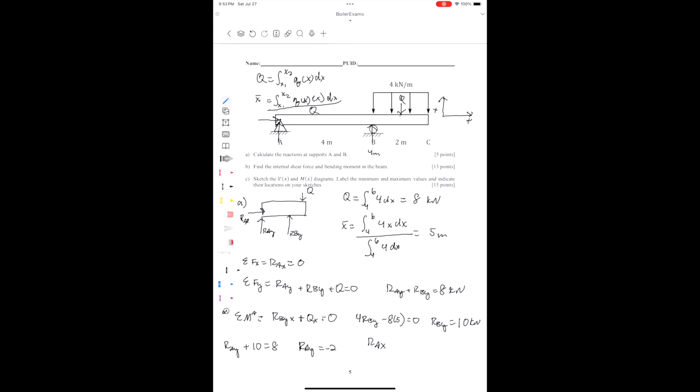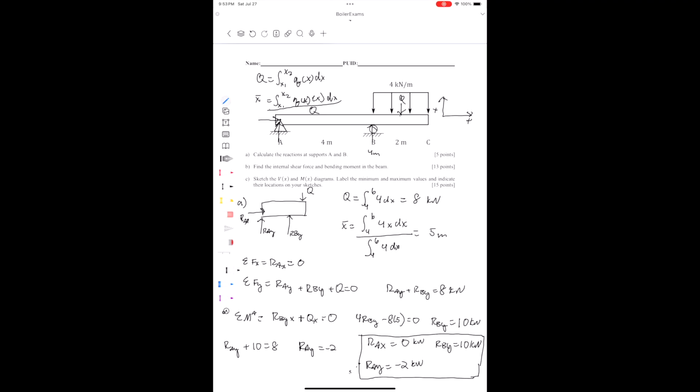So we have all of our reaction forces: RAX is 0, RAY is negative 2, and RBY is positive 10.